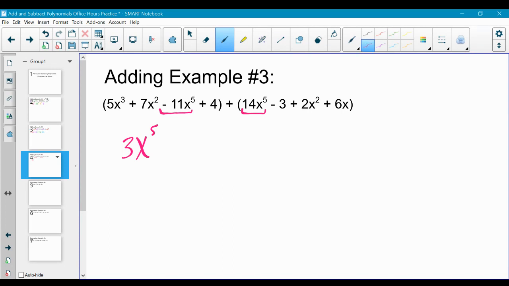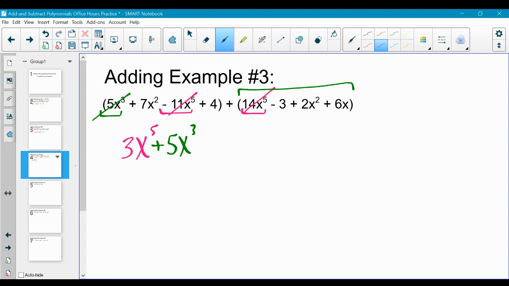After that one is gone, I now am looking for the next highest degree, right? So I see that I have 5x cubed, but I don't have any x cubed over here. So I can just rewrite the positive 5x cubed in our answer. And that takes care of that one.